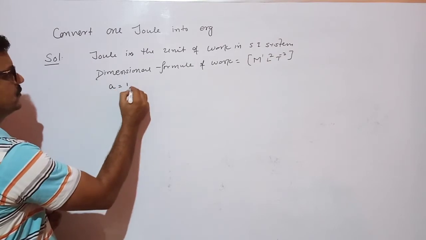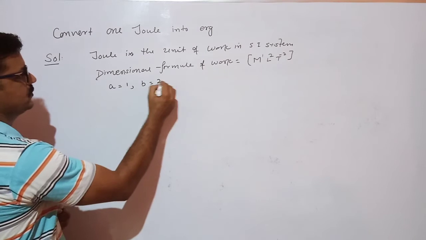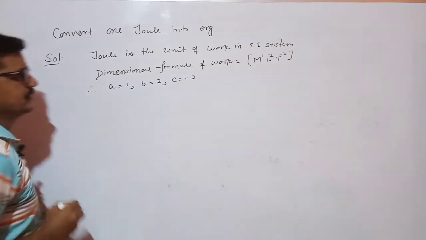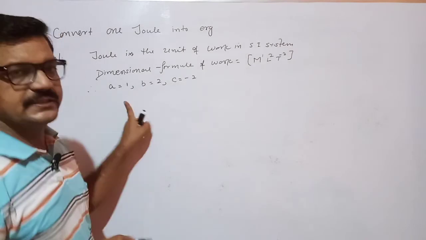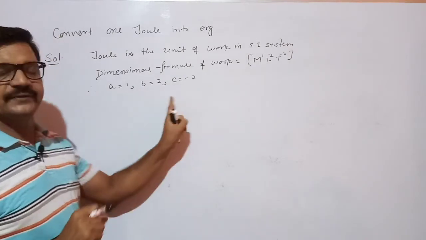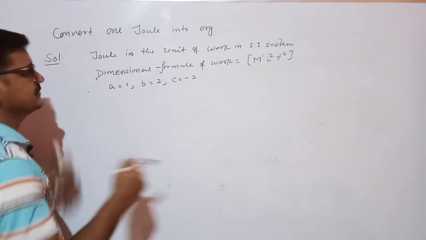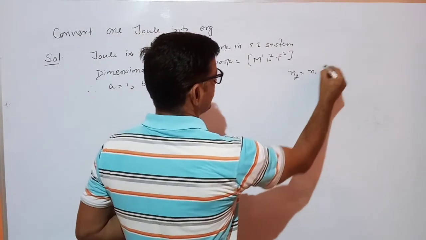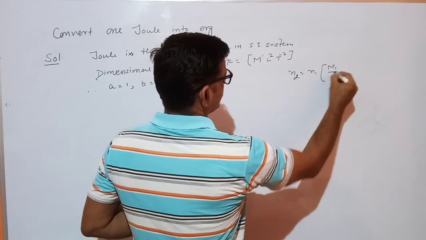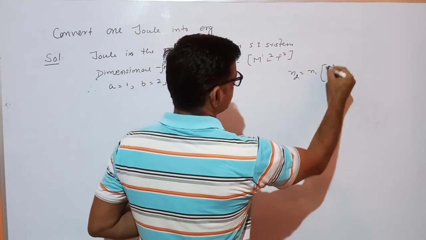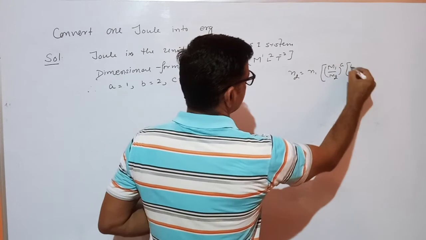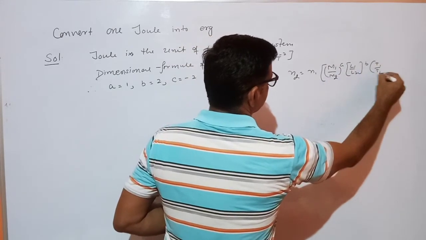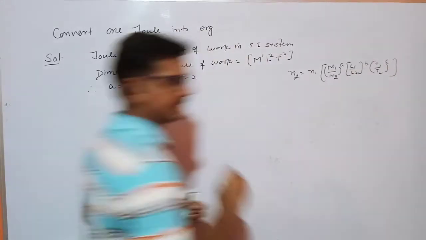Here a equal to 1, b equal to 2 and c equal to minus 2. a, b, c are the dimensions of mass, length and time as we use in the formula, and the formula was N2 is equal to N1 M1 upon M2 power a, L1 upon L2 power b and T1 upon T2 power c, right?